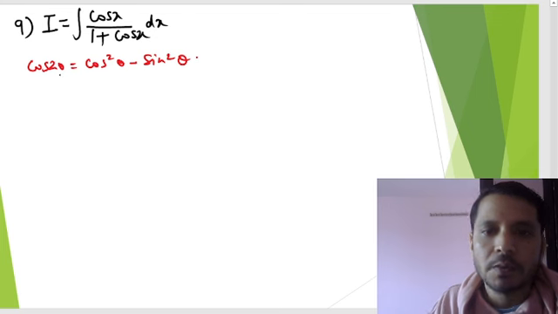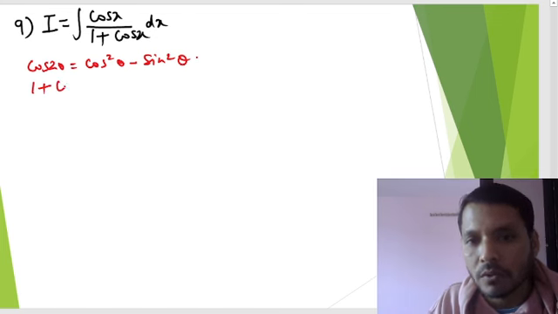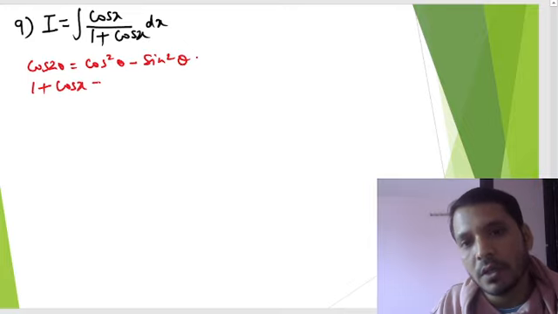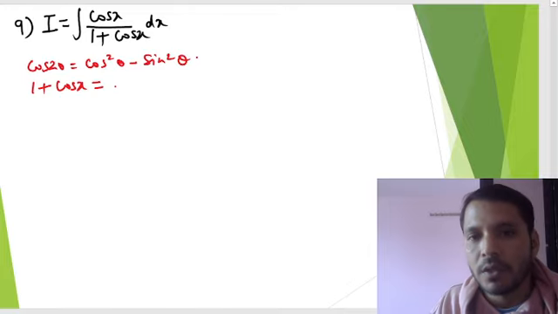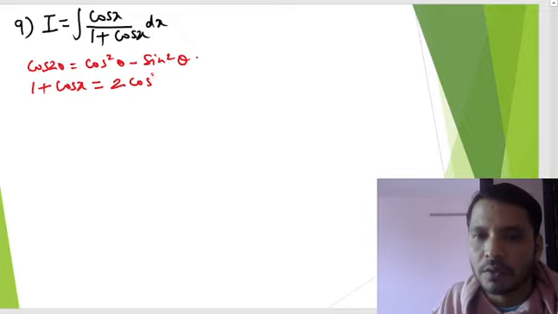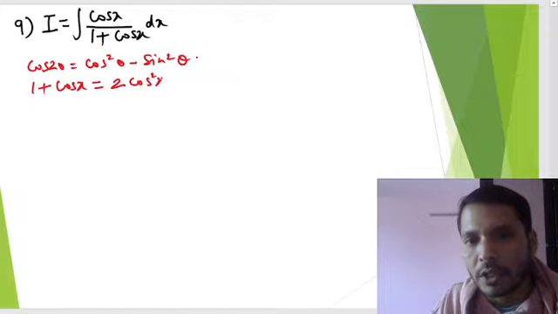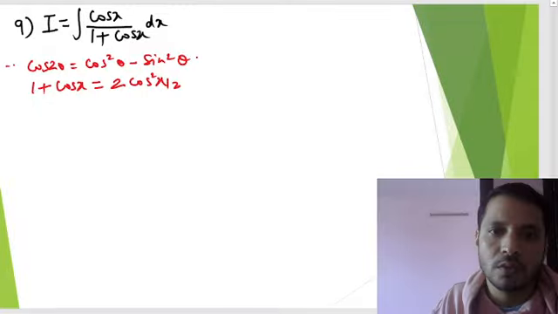So we can expand the numerator, and 1 plus cos x, we know the formula, is equal to 2 cos square theta, or x by 2 here. So these two things we know, right?